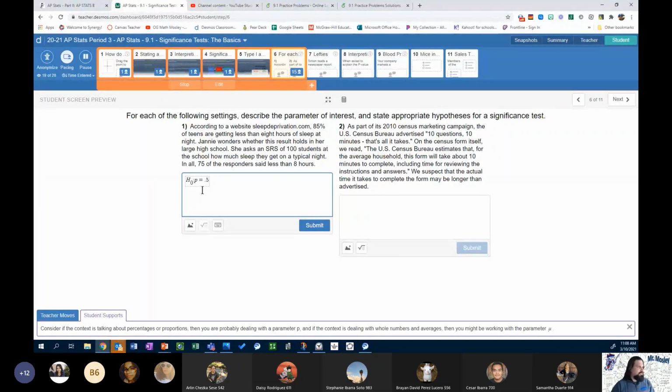The other thing you may need, if you want to type mu, go \mu. That'll convert to your nice little mu Greek letter. Same thing if you end up needing alpha later. If you need not equal to, that's \neq.